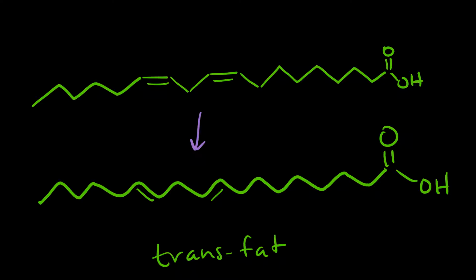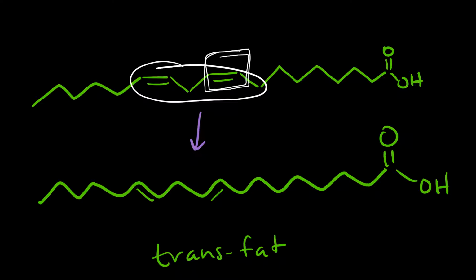Sometimes during food processing, in order to change the consistency of some food product that's going to sit on the shelf, for example, a plant oil that has cis double bonds, like the one shown here, may undergo hydrogenation, which would mean that the food producer would add hydrogens across this double bond to make it saturated, to make it into an alkane instead of an alkene.